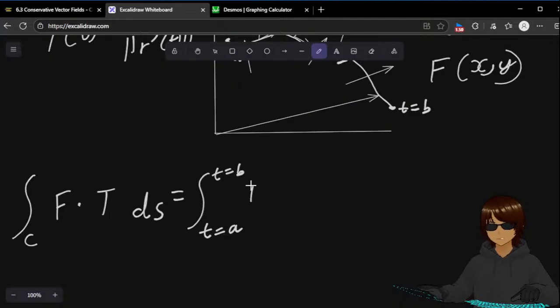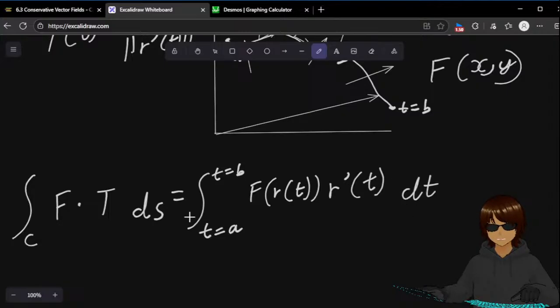So this is equal to F, the vector field at that position, dotted with r'(t) dt. So this is how we calculate it. This is a vector line integral.